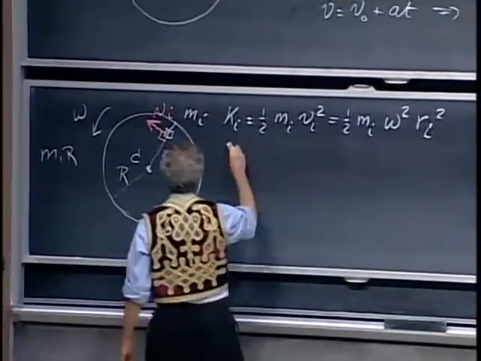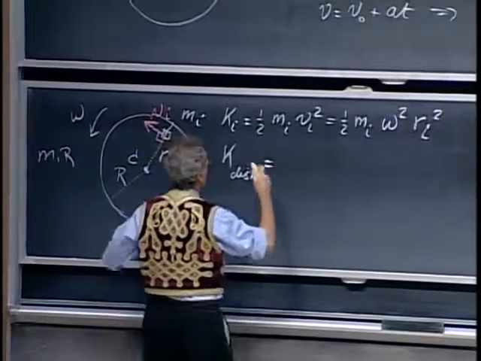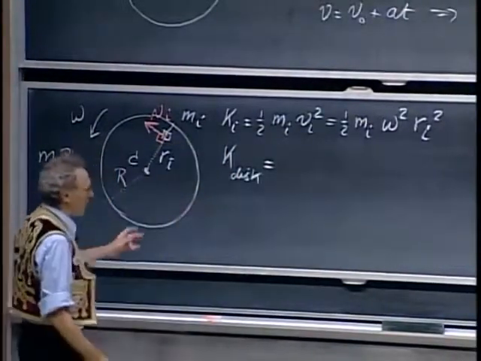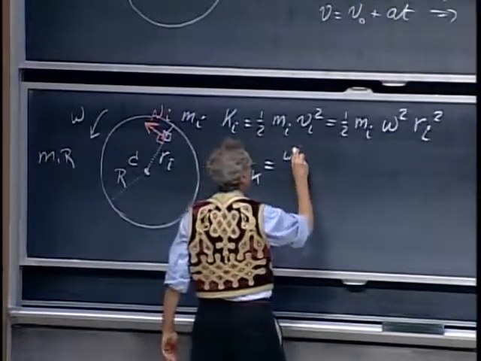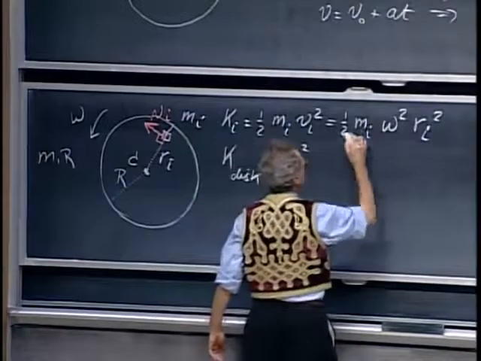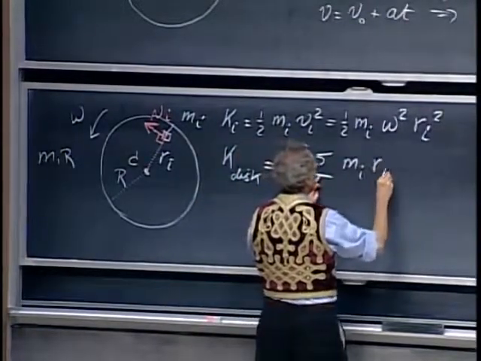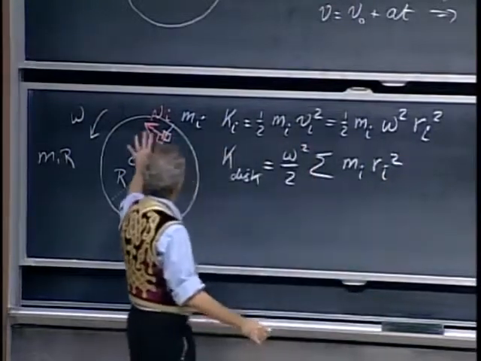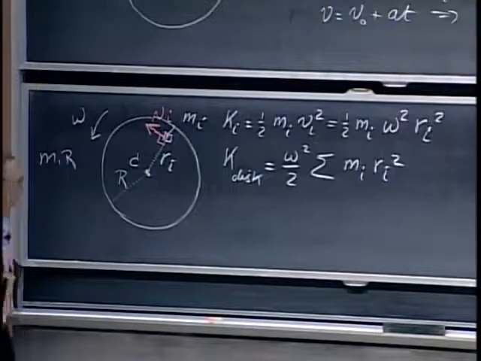So what is now the kinetic energy of rotation of the disk, the entire disk? So we have to make a summation. And so that is omega squared over 2 times the sum of m of i r i squared over all these elements m i, which each have their individual radii r of i.